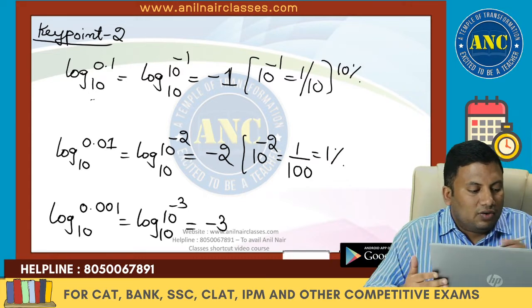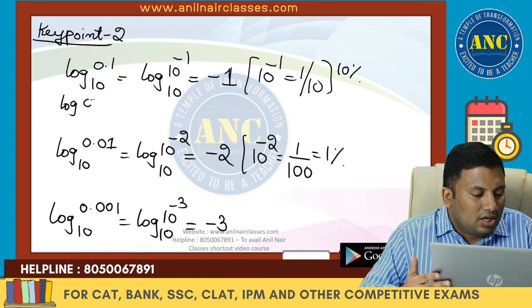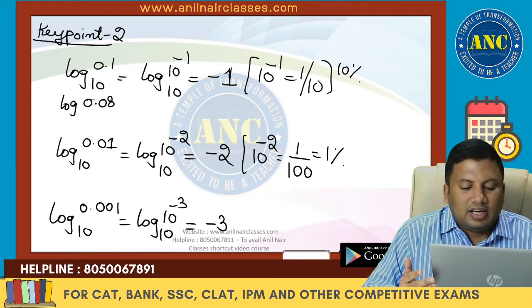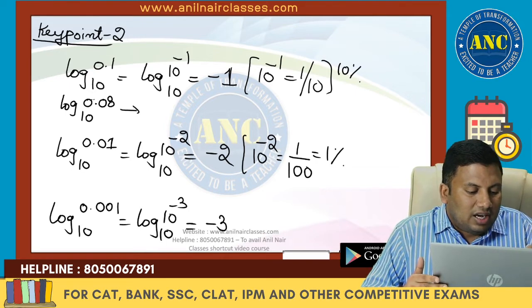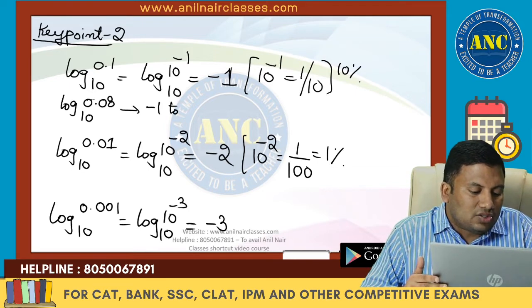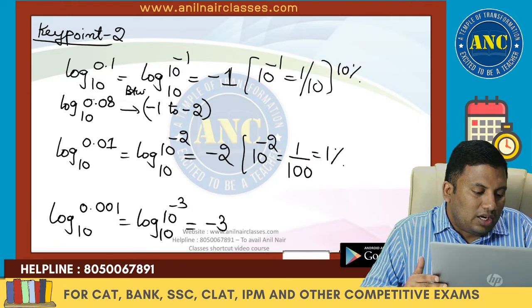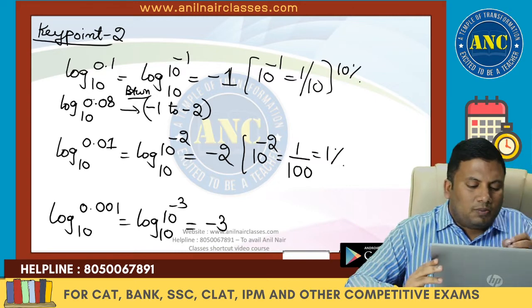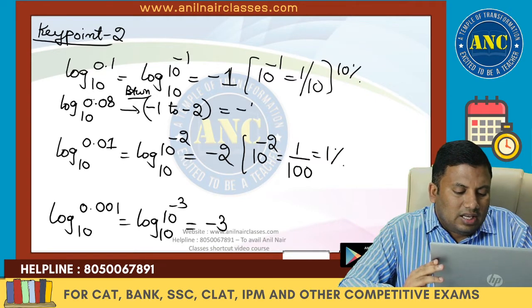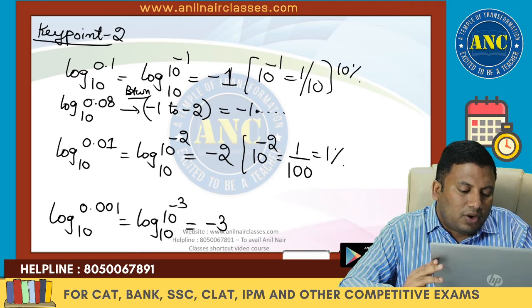Take any value. Suppose, for example, I took log 0.08, which is 8%. Can I say that this value lies between minus 1 and minus 2? Am I right? Any value here is nothing but minus 1 point something.